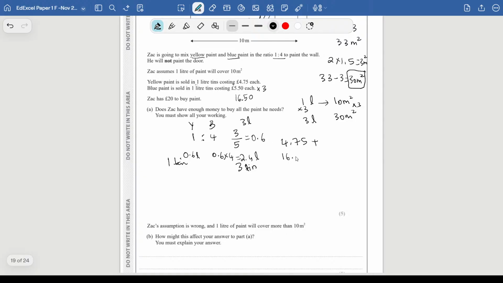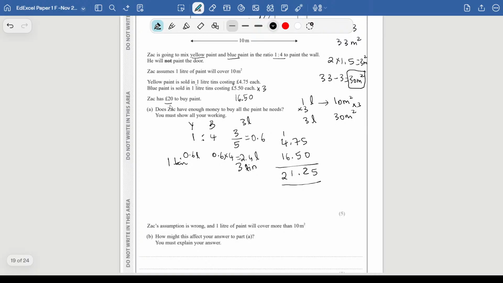So he needs to add 16.5 to 4.75 to get the total cost of both the colors. So there's 5 here, 7, 12, 10, 11, 21.25. So he needs to have 21.25 pounds to have the paint he requires to paint the wall.